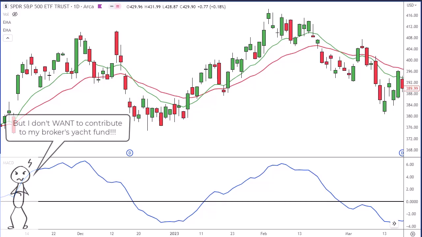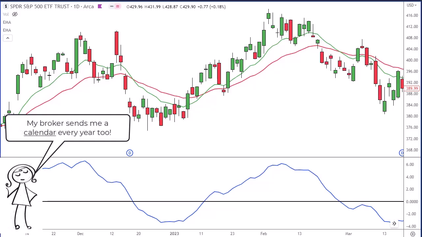If you want to contribute to your broker's yacht fund, that is an excellent trading strategy. And your broker will probably send you a photocopied Christmas card with all of their names printed on there, but not with original ink. So if that's what you want, that's exactly the strategy for you.